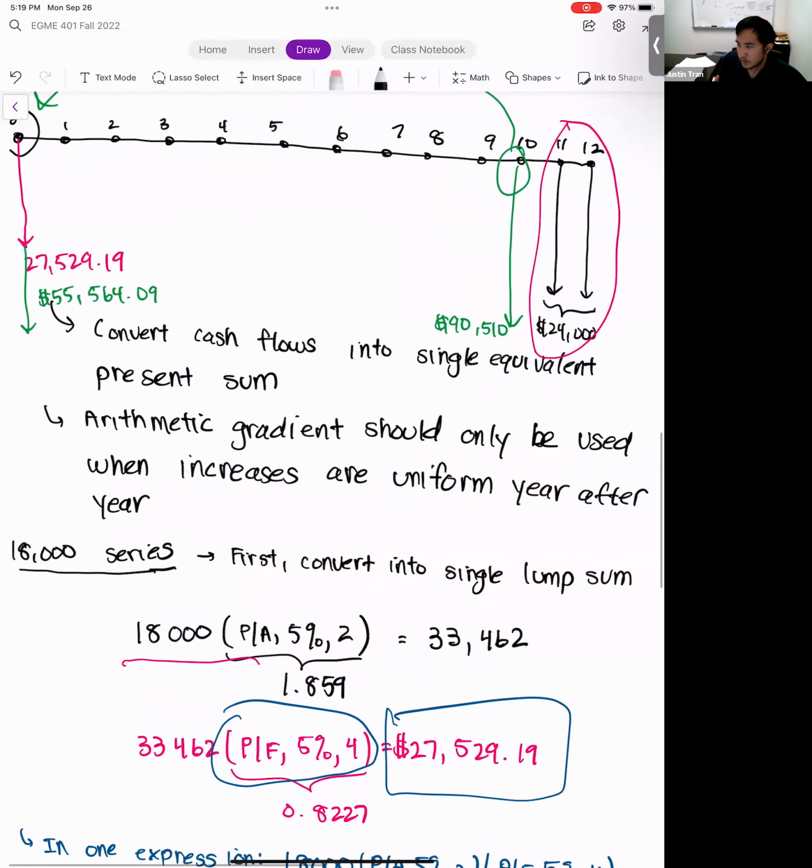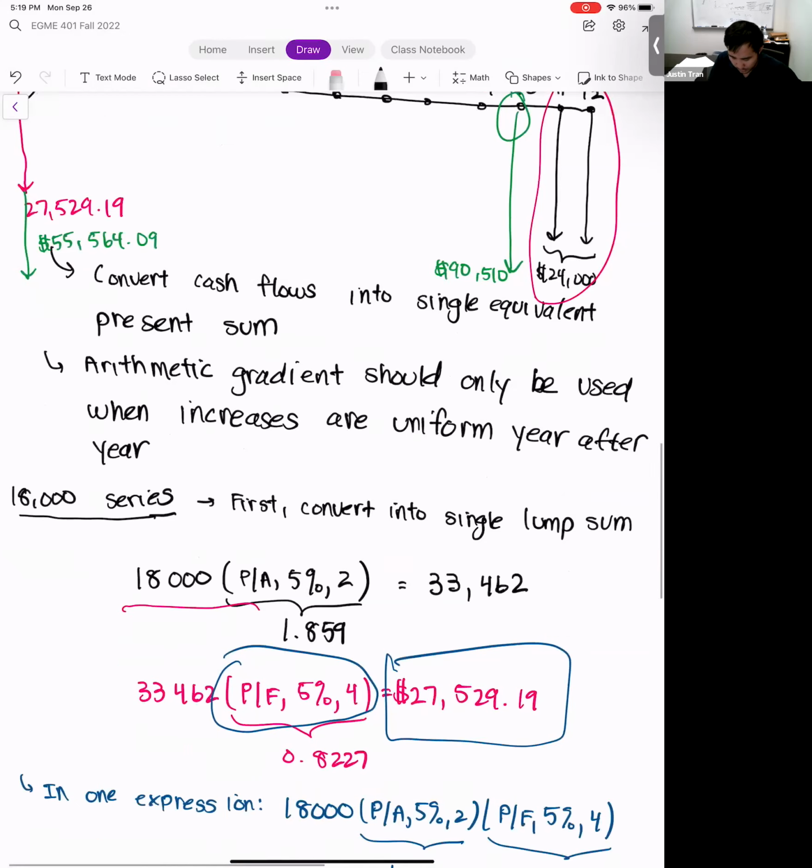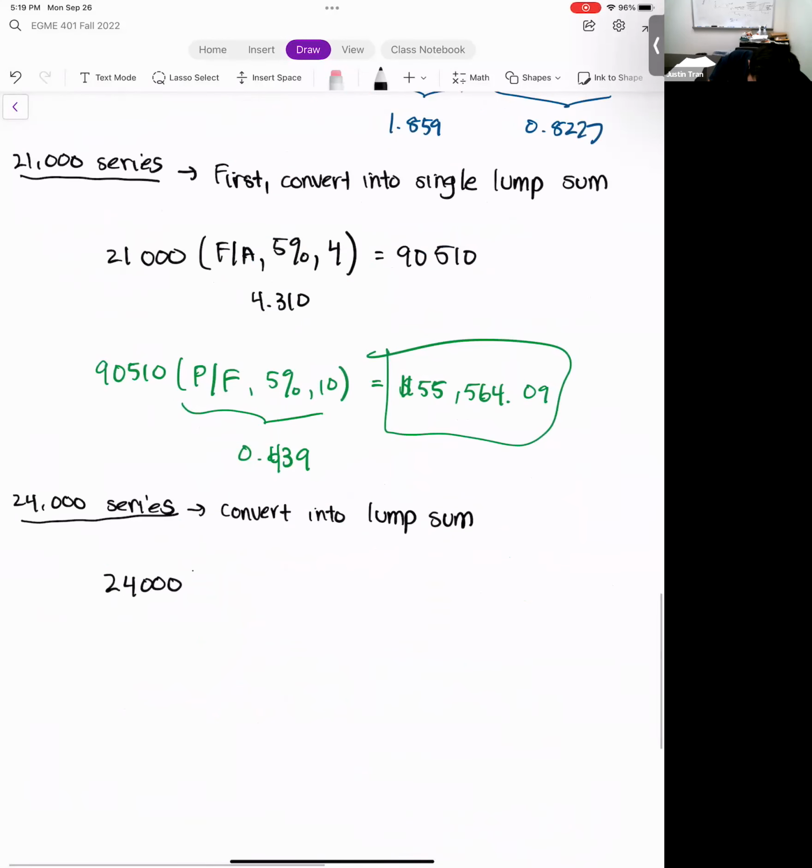You can either do this with a P over A, or you can do F over A, it doesn't really matter. Let me go back to the first way, just because we've already looked up the P over F for 10. So let me do this as P over A, 5%, and the series is going on for 2 years. That's all we need.